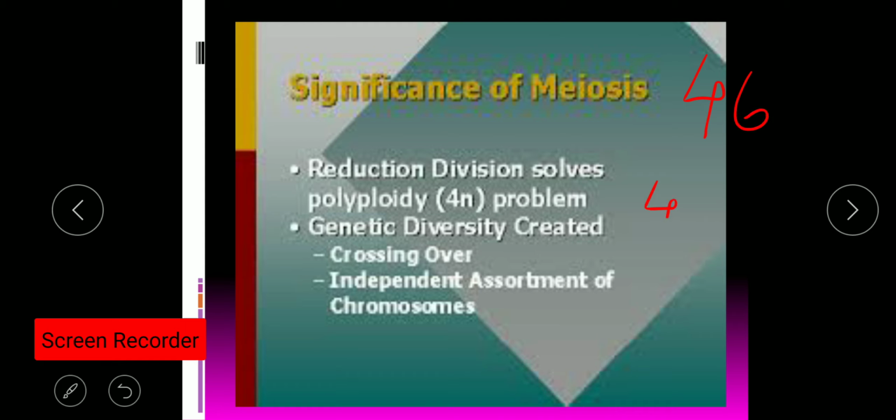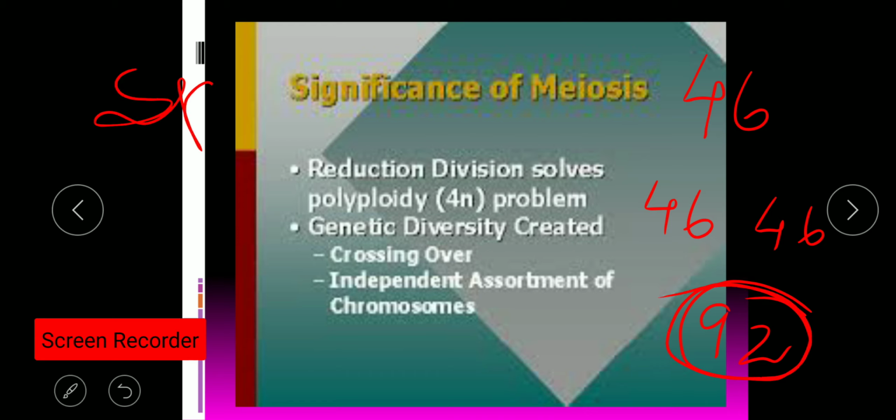If a sperm brings 46 chromosomes and the ovum also brings 46 chromosomes, then the total number of chromosomes in the zygote will be 92. Then will it be Homo sapiens? We know that the characteristic feature of a species is that they have a fixed number of chromosomes.